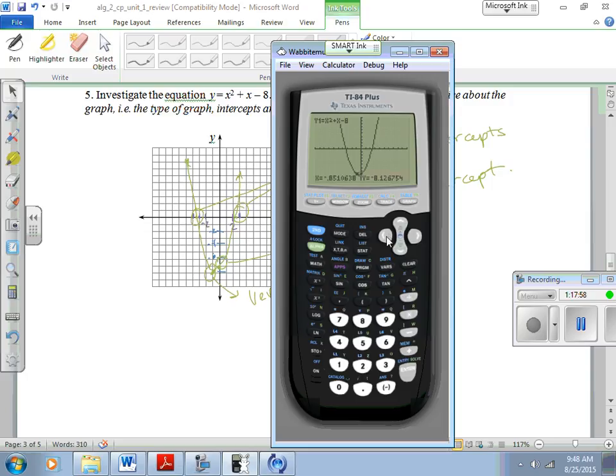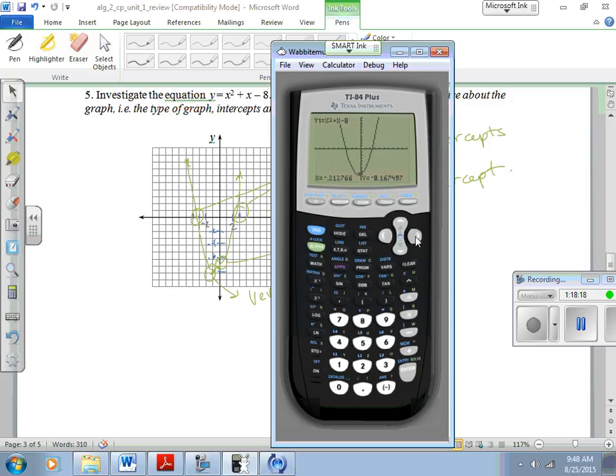So notice on the x value between 0 and -1, the vertex is somewhere right here, isn't it? And you notice that the y value doesn't go any lower than -8.24.